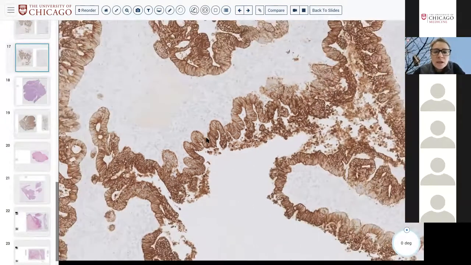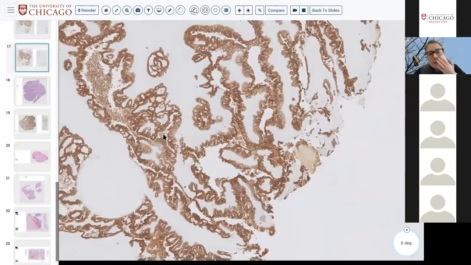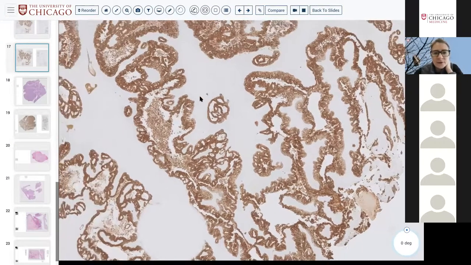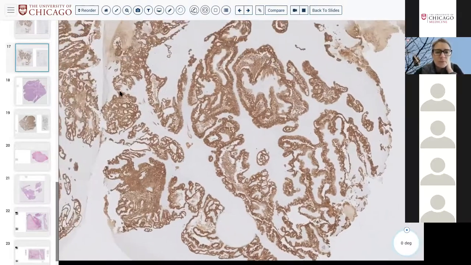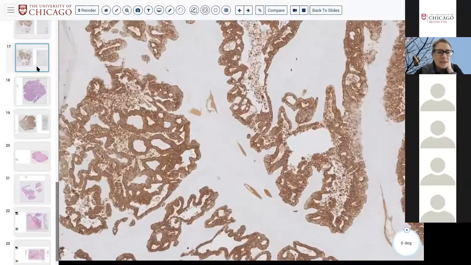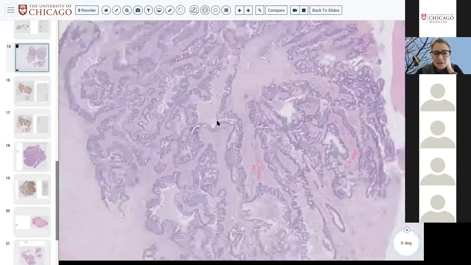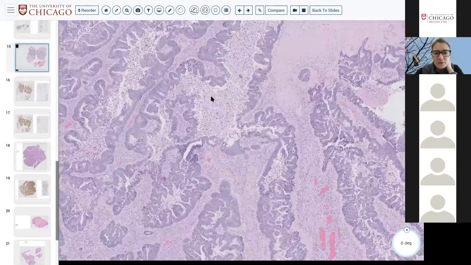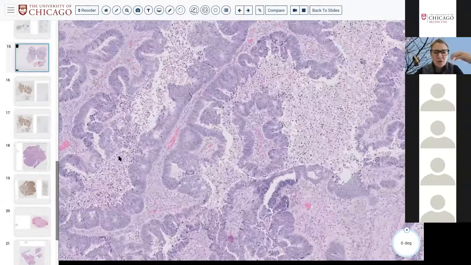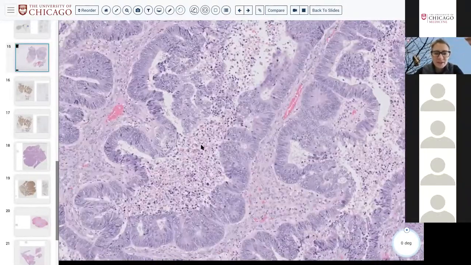So sinonasal intestinal type adenocarcinoma is a very characteristic clinical pathologic correlation of a tumor that essentially looks like a colon cancer, with very elongated nuclei, very complex branching glands, with grungy debris in the center.